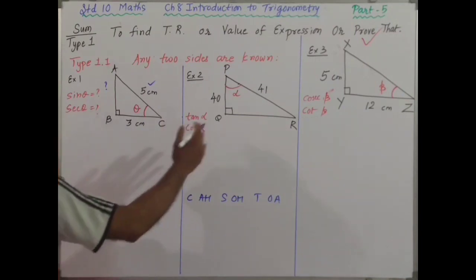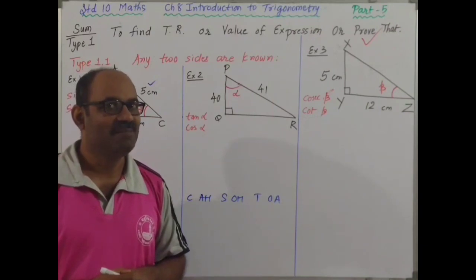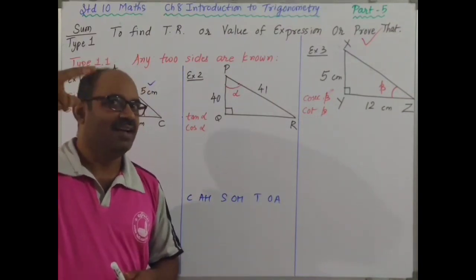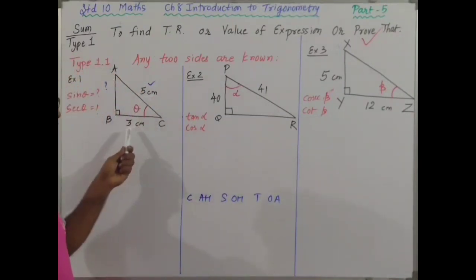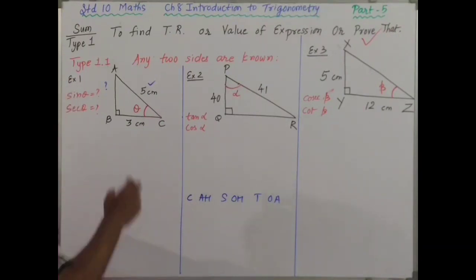In short, if you have to find trigonometric ratios, you need all 3 sides, because trigonometric ratios are nothing but a ratio of measures of the sides. Here only 2 are given, so the third one you can find out using Pythagoras. So the first work I'll do is use Pythagoras and find out AB.